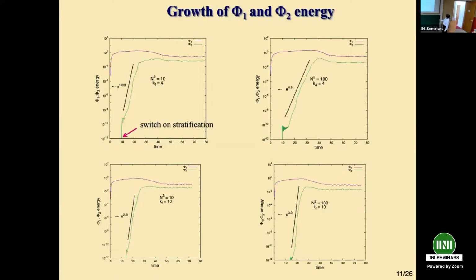As time goes on, in all 4 cases, N squared equal 10 with forcing wave number 4, N squared equal 100 with forcing wave number 4, N squared equal 10 with forcing wave number 10, and N squared equal 100 with forcing wave number 10, if we switch on stratification, the wave part grows very rapidly, almost exponentially.